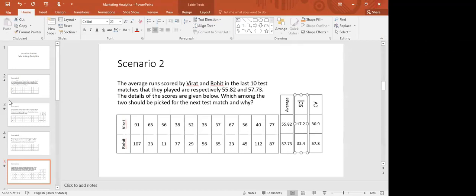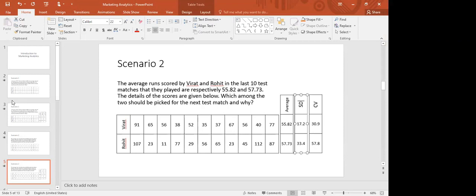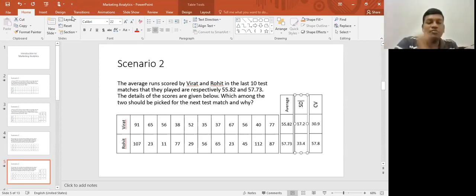Yeah. So one question I had was regarding the standard deviation here, 17.2 and 33.4. Okay. So, should this be based on the formula for population variance or the formula for sample variance? It's a good question that you asked me. Okay, fine.